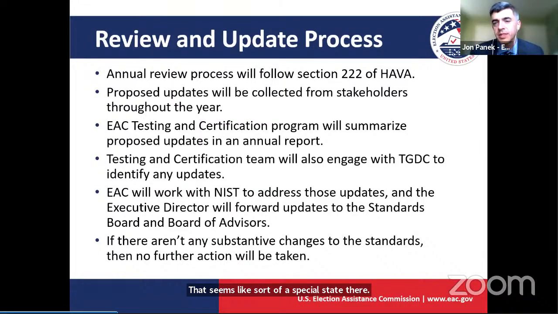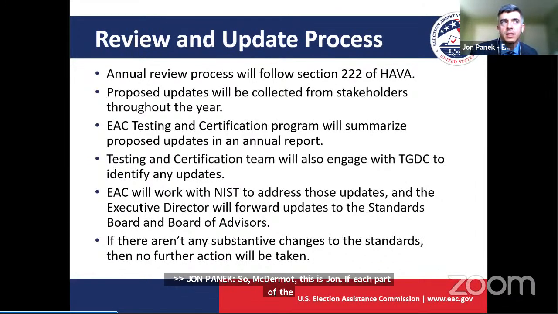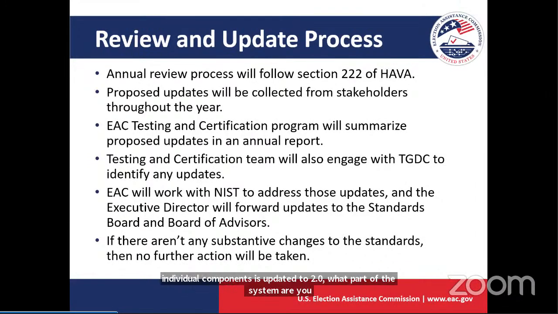So McDermott, this is John. If each of the individual components is updated to 2.0, what part of the system are you envisioning is not compliant at that point? So we get to the situation that Diane is most concerned about, where making sure that everybody can cast the ballot without assistance.